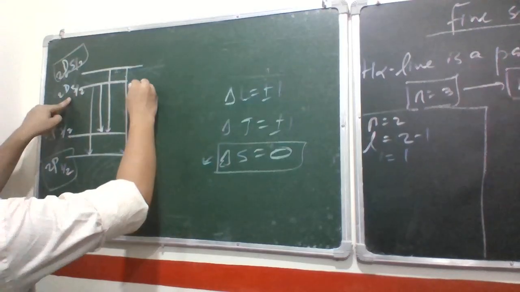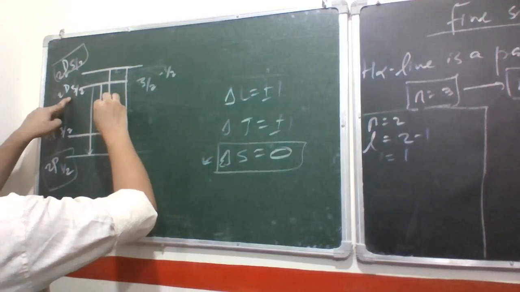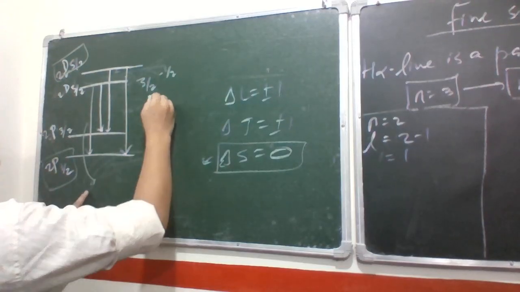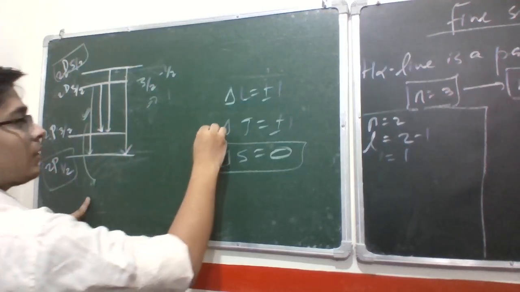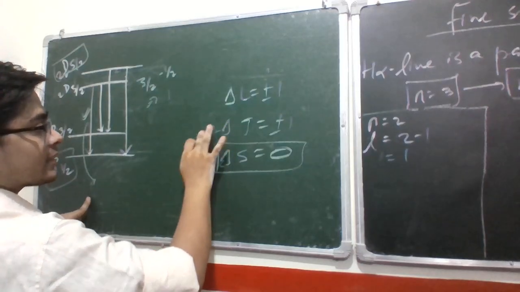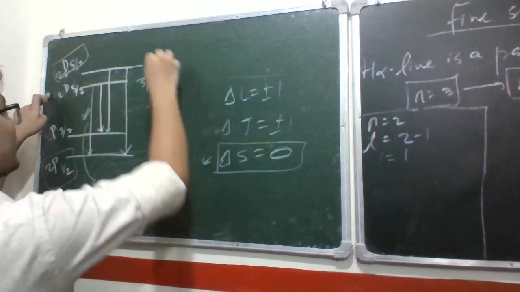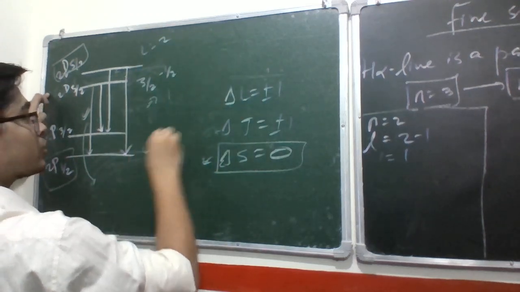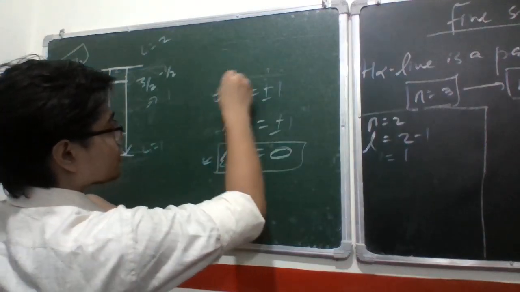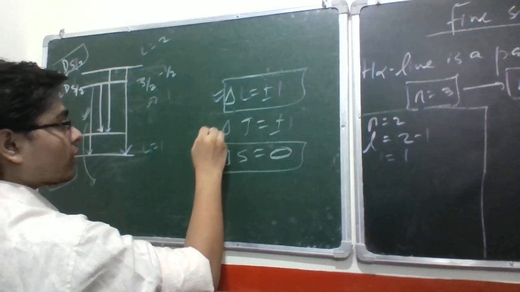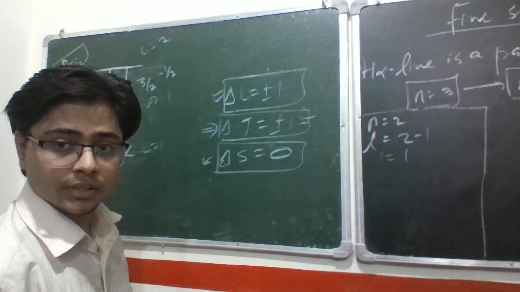If you see 3 by 2 minus 1 by 2, the difference is 1, so this is feasible by this selection rule. If you check the rule for L, L equals 2 and L equals 1, so for all of these spectral lines this condition is also satisfied. So this is the only selection rule which is actually going to give us results.